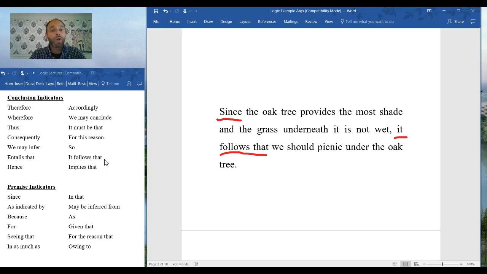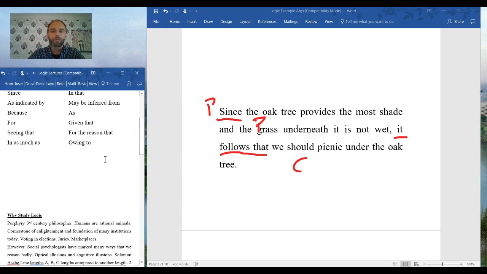So then we have two premises. The oak tree provides the most shade, first premise. The second premise, the grass underneath it is not wet. And then we get the conclusion. Those are reasons to believe the conclusion. We should picnic under the oak tree. So premise, premise, conclusion.